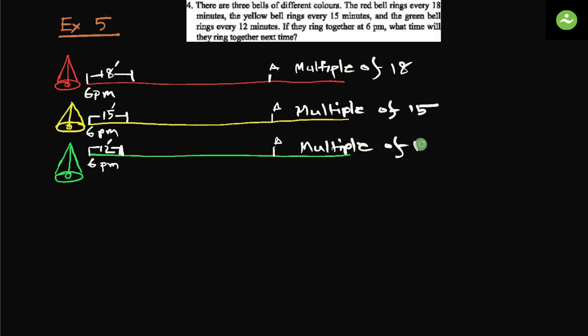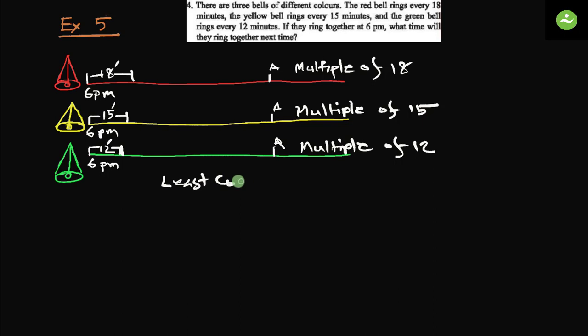This is one number, and that number is a multiple of 18, multiple of 15, and multiple of 12. What does this mean? And this is the first common number. That means this is the least common multiple of 12, 15, and 18.